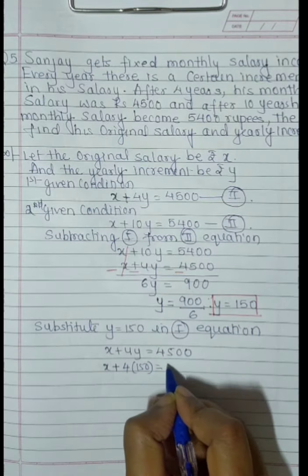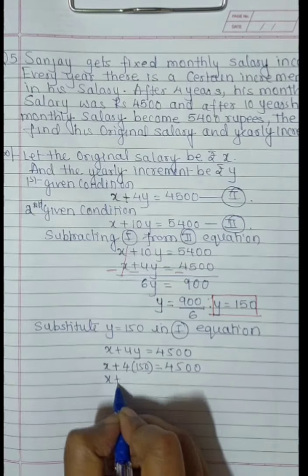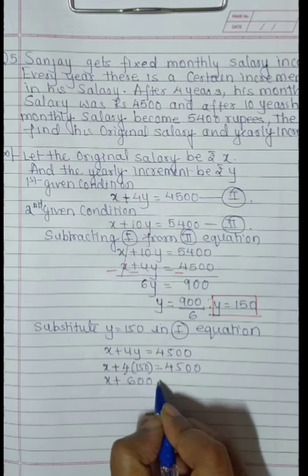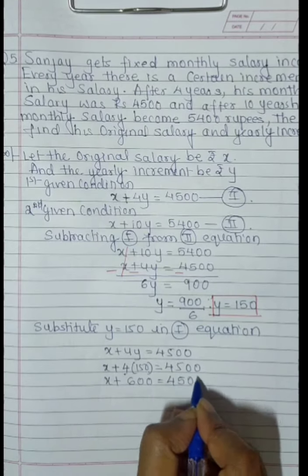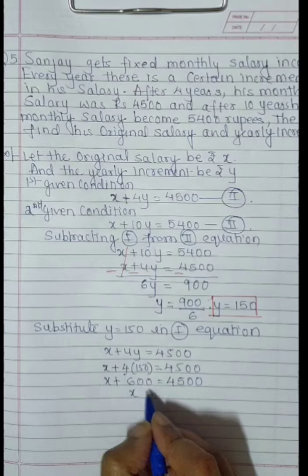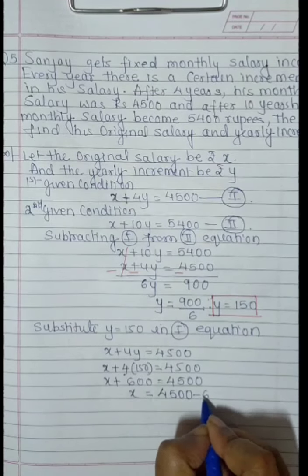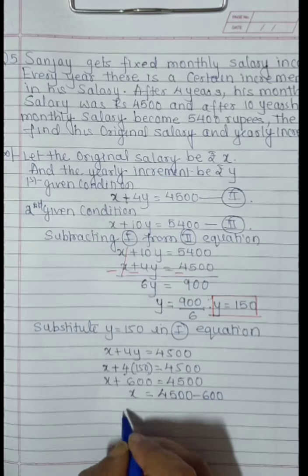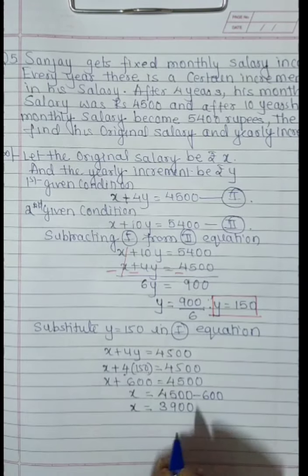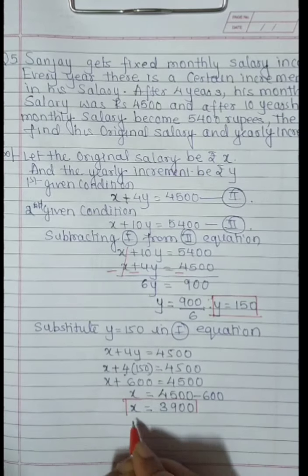Multiplying 4 and 150 we get 600, so x plus 600 equal to 4,500. Now x will come here. 4,500 gets subtracted with 600. Now we get x is equal to 3,900. After subtracting, the x value is 3,900.